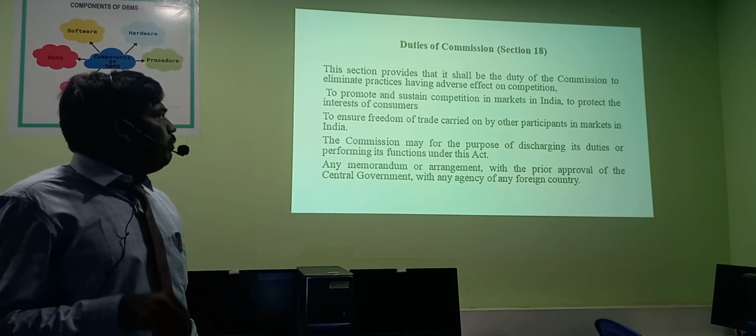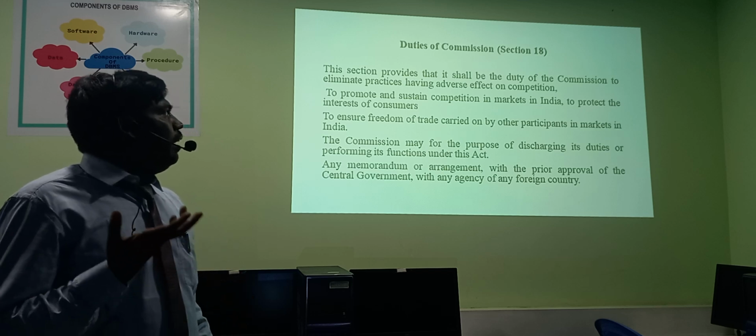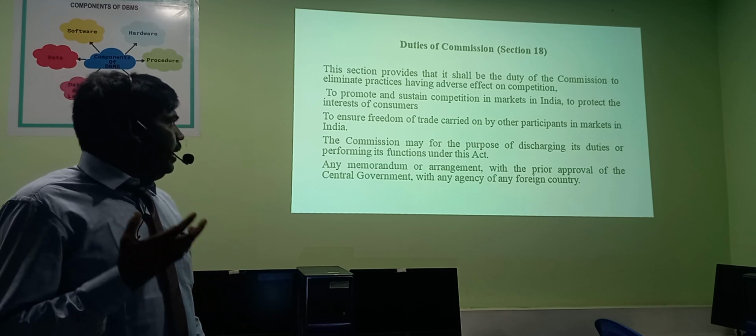Second, to ensure freedom of trade carried on by other participants in the market in India.